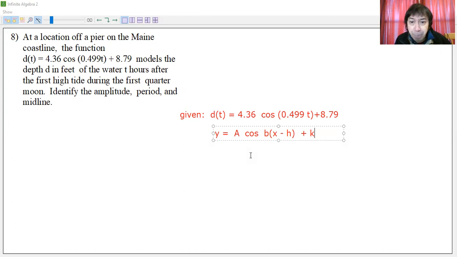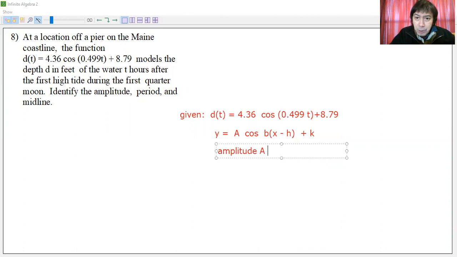So our equation will be reduced to the numbers A, B, and K, so that we can identify right away our amplitude A, which is the 4.36, and this will be a unit of feet.